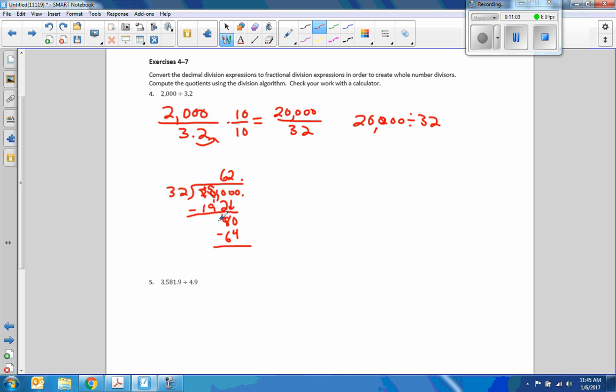Subtract. Borrow from that, make it a 7. 10 minus 4 is 6. 7 minus 6 is 1. Carry down this 0. 32 goes into 160, or 3 goes into 16 5 times. 5 times 2 is 10. 5 times 3 is 15, plus this 1 is 16. 160 minus 160 is 0. My answer is 625.